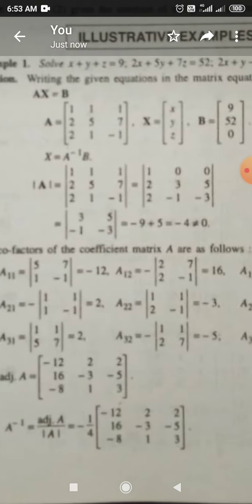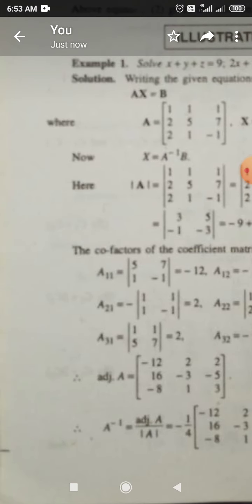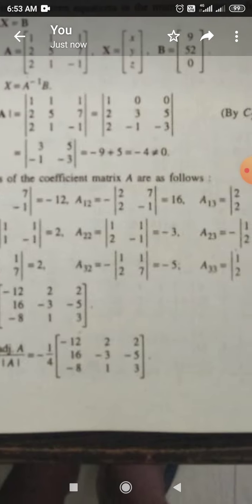So with the help of these cofactors we write each cofactor at the place of the respective element, the values of A11, A12, A13, then transpose the matrix, and after transposing we get minus 12, 16, minus 8, 2, minus 3, 1, 2, minus 5, 5.